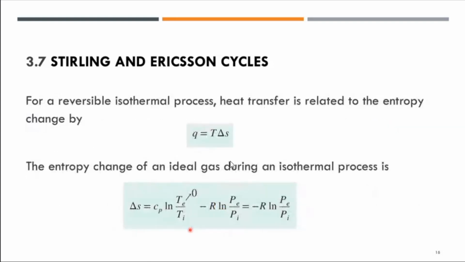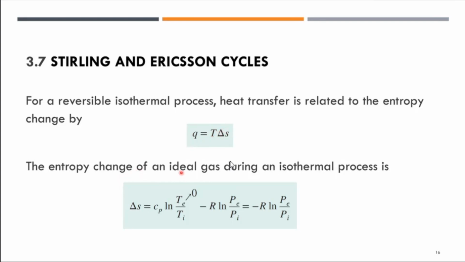For a reversible isothermal process, the heat transfer can be related to the entropy change. We have q, the amount of heat being transferred per unit mass, equal to the temperature times the entropy change.